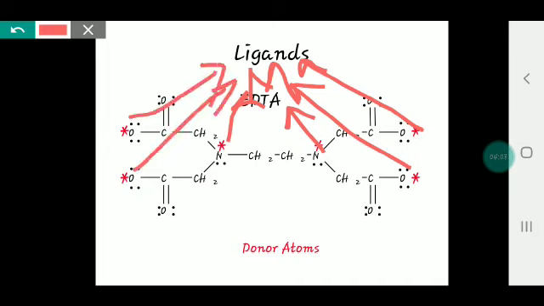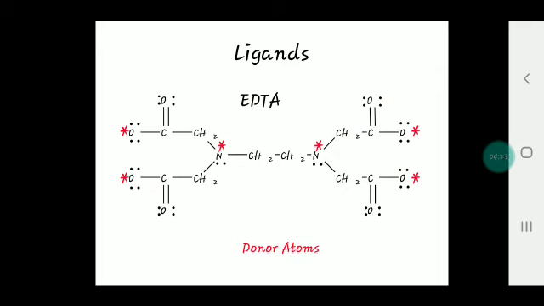In this way it binds with the central metal atom. In ethylenediamine tetraacetate, four oxygens are the donor sites and two nitrogens are the donor sites through which it will donate its electrons to the central metal atom.